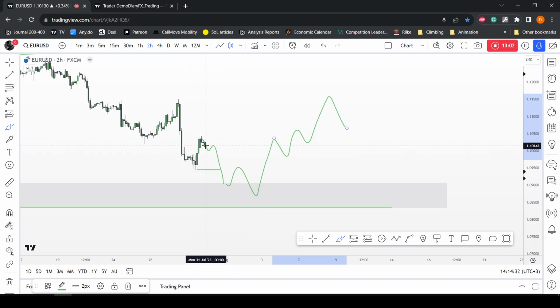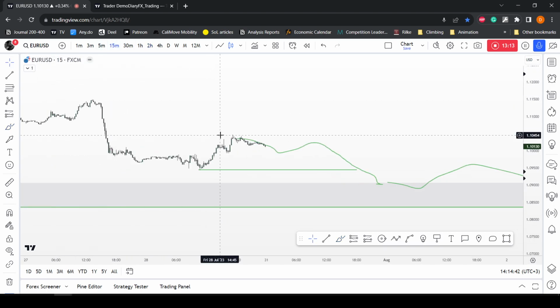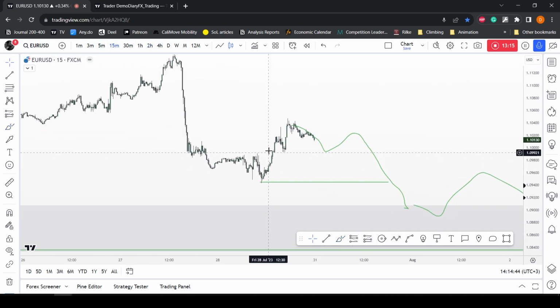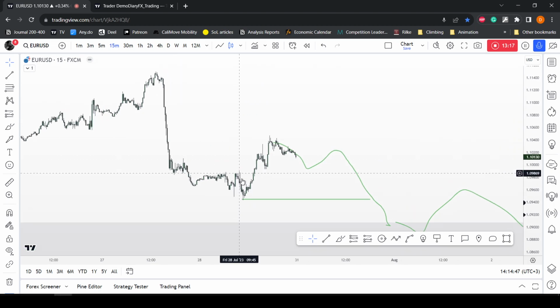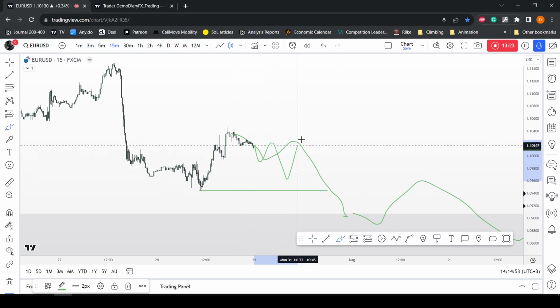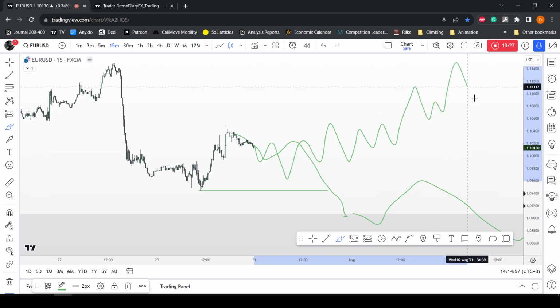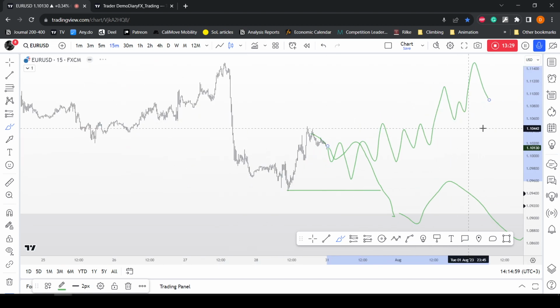I'm almost sure that the price will mitigate here at least, so I don't think that it will just go up. But if it will, because 15 minutes now is showing some bullishness, as you can see, but again, even on 15 minutes it seems like the price will want to stay some time here, and then maybe Tuesday, Thursday it will push higher.